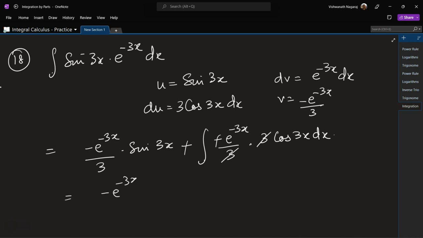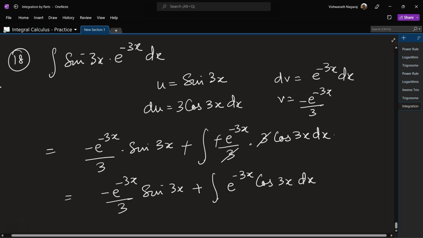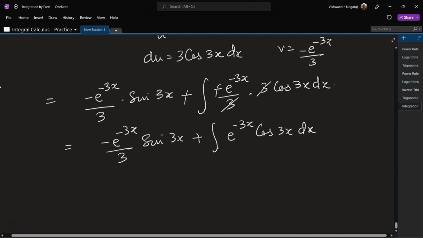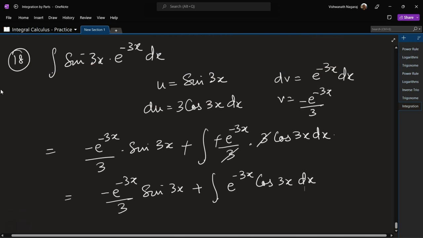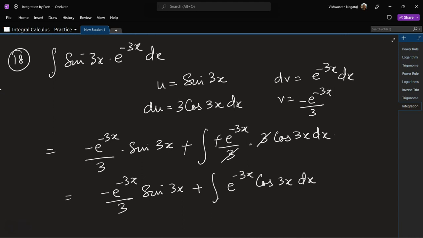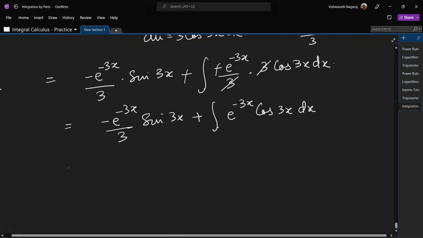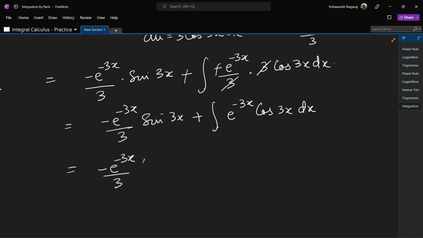Minus e to the power of minus 3x by 3 sine 3x plus integral of e to the power of minus 3x cos 3x dx. Okay, so again something similar is happening. Which means if we do it once more, we will get back the question as one of the terms. Okay, let's do it.